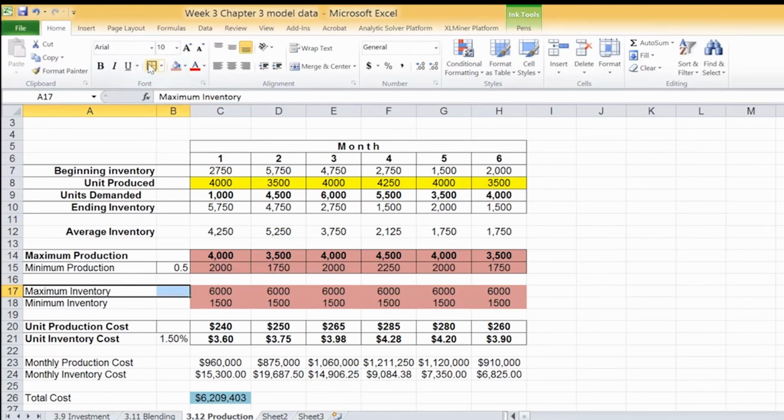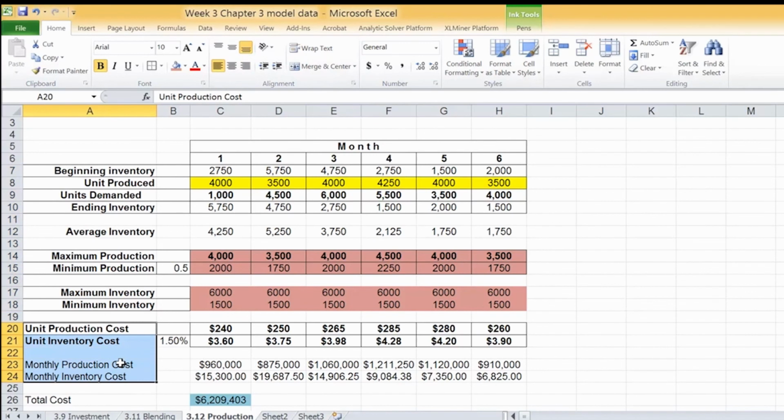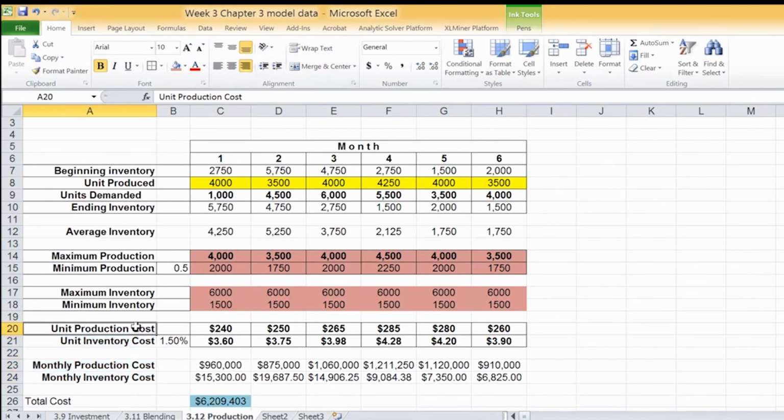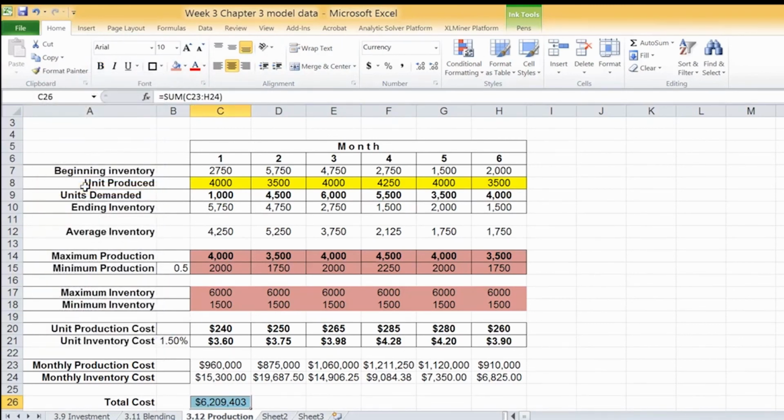Same for these ones, and all of those ones can be bold and aligned. Total cost, that's the objective function. So I'm going to just add a thick border to it.